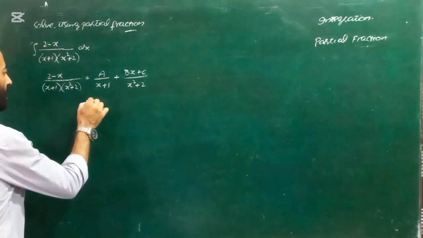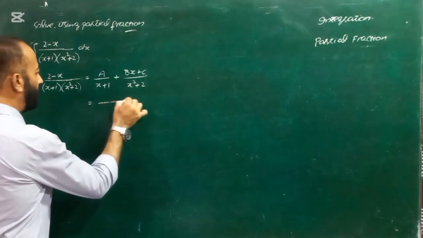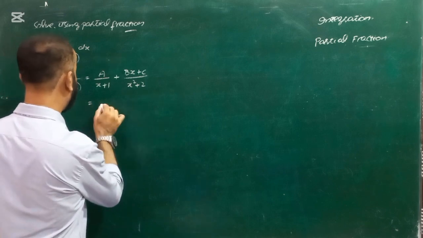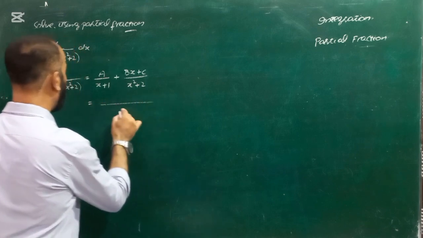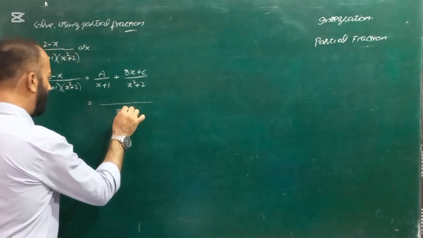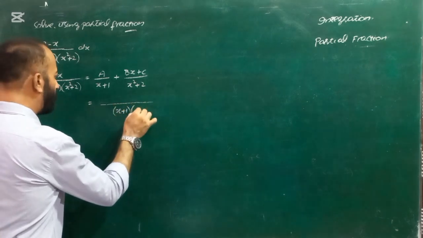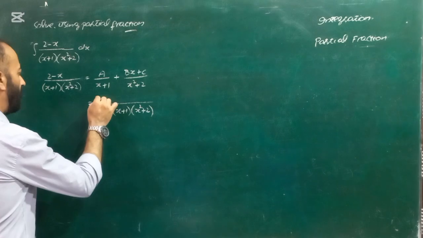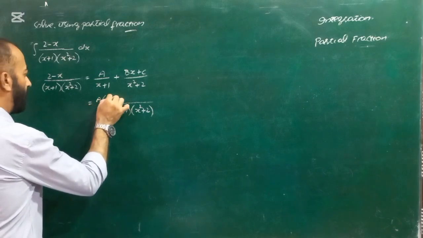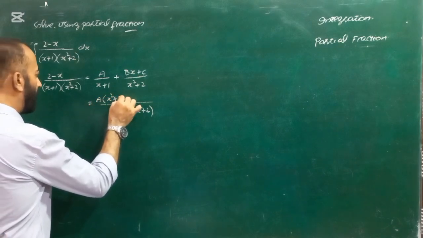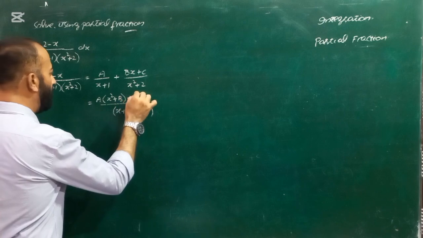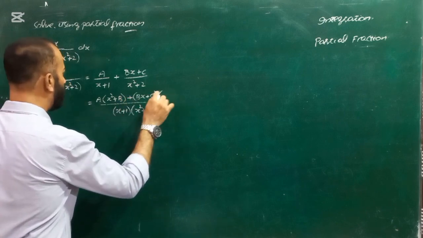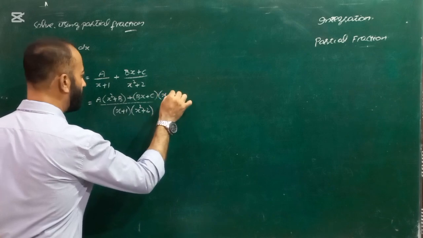Look now, on the right hand side we will take the LCM. So the LCM will be x plus 1 into x square plus 2. So here will become a into x square plus 2, and this will become bx plus c into x plus 1.